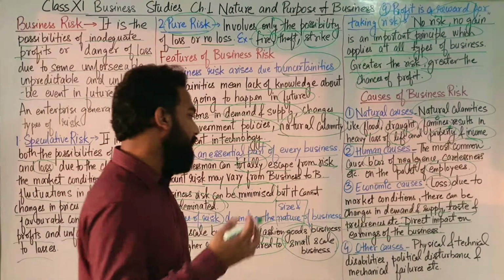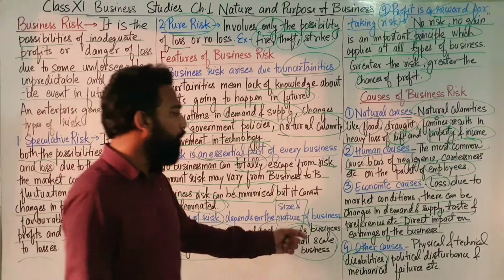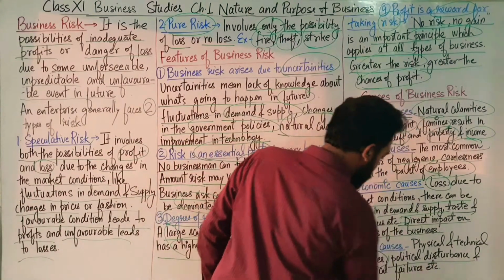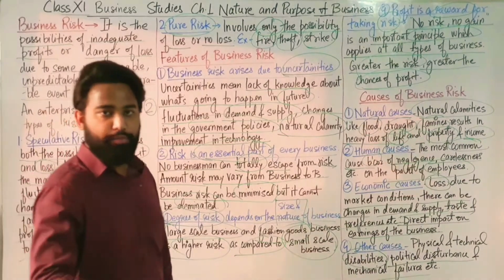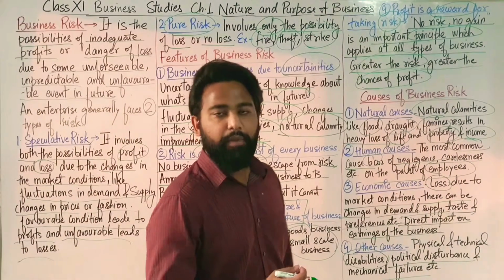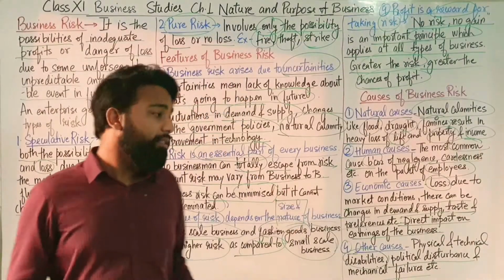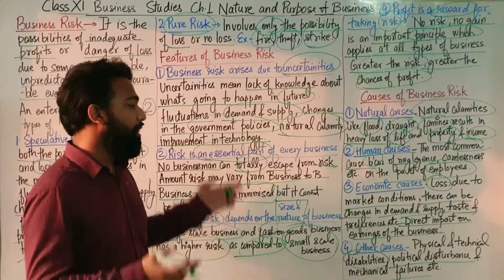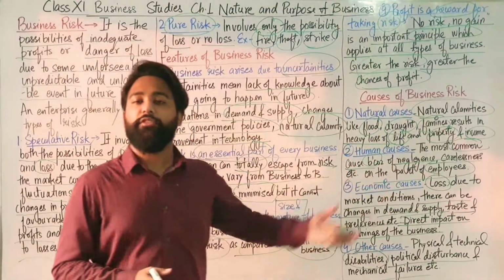Now, the last one, other causes. The physical and technical disabilities, political disturbances and mechanical failure. Suppose the machinery which produces the goods of your firm just gets damaged, then what will you do? You can't do anything, because due to that failure of machinery, you are suffering losses.